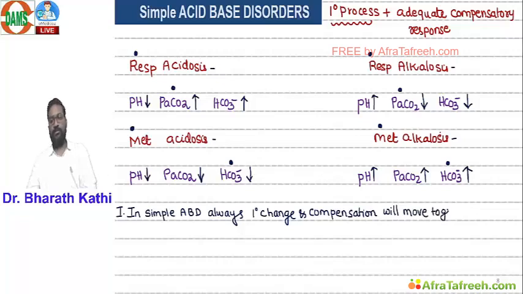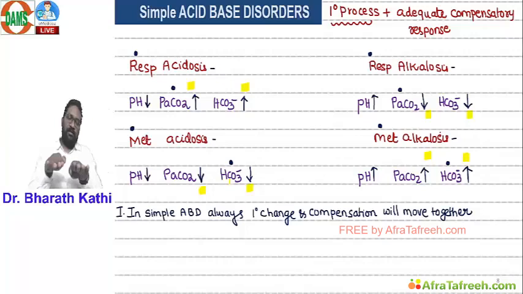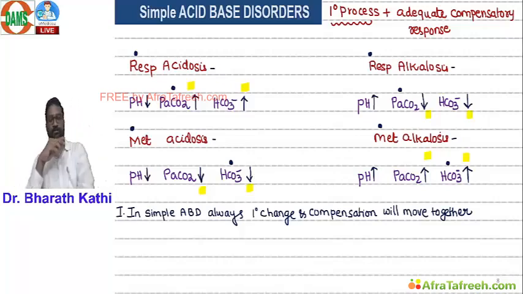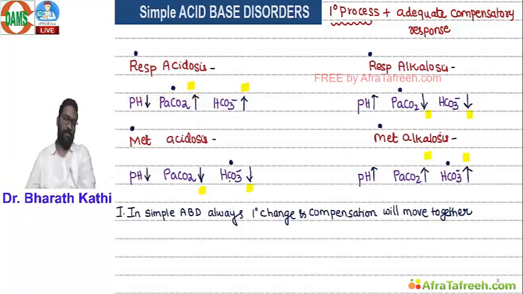What does this mean? Let it be any disorder, if you observe the primary change and compensation, they are moving together. If the primary change is increase in CO2, compensation is increase in bicarbonate. If the primary change is increase in bicarbonate, compensation will be increase in CO2. And it is vice versa. This is rule number 1.